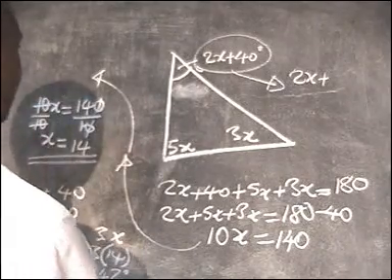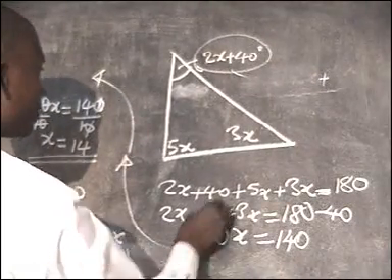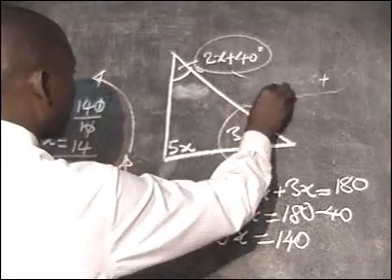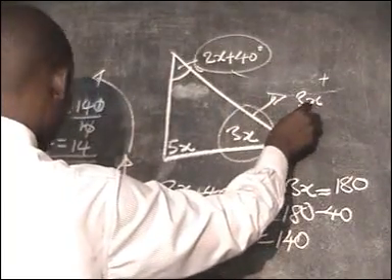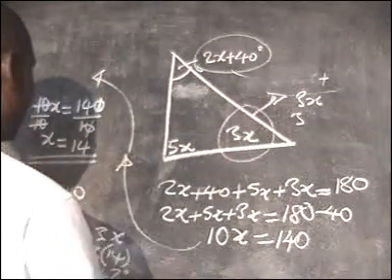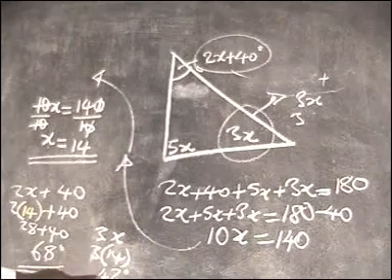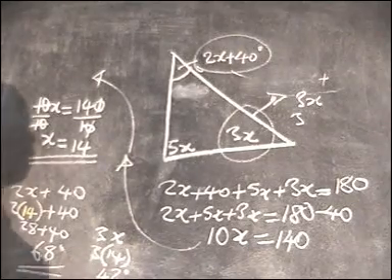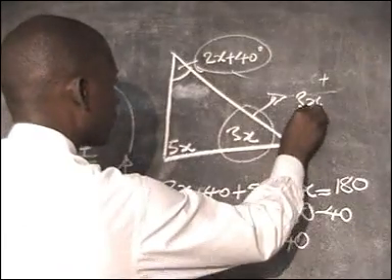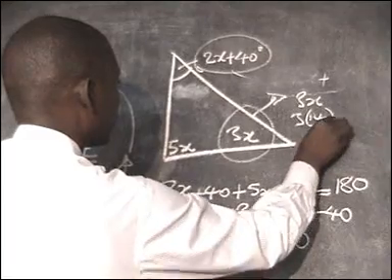So the size of the angle which remains to be worked out is where we have 3x. I have worked that out: 3x means 3 multiplied by 14, which is 42 degrees.